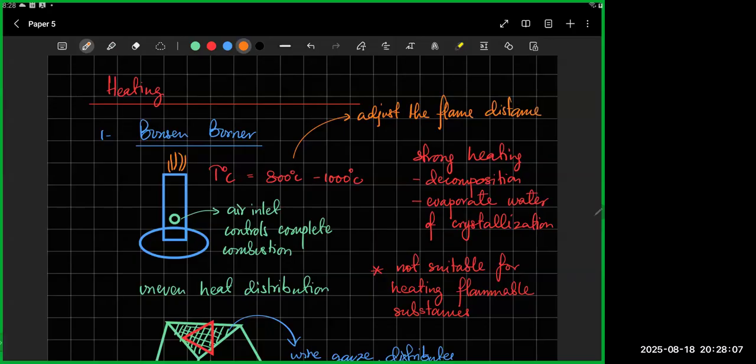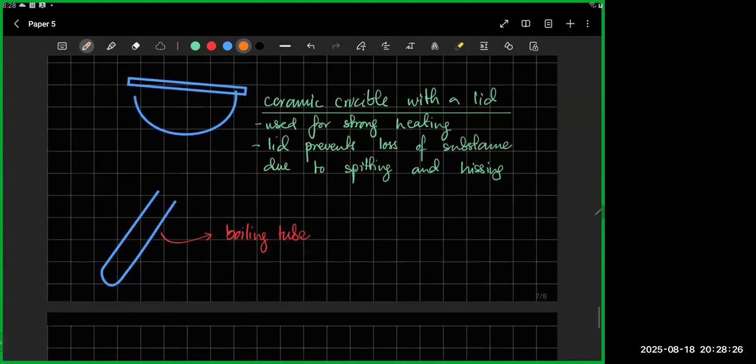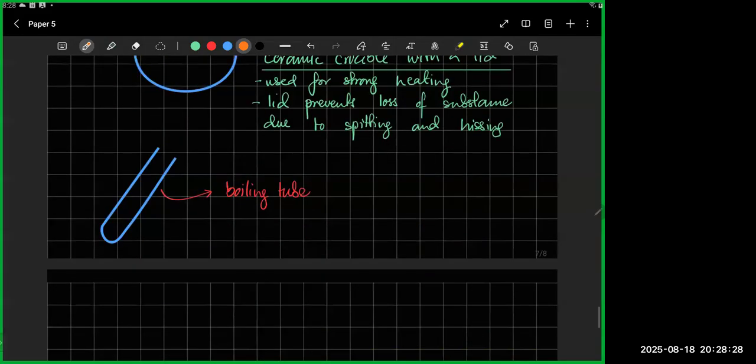Well, let's say you're heating a boiling tube, so you can actually bring it further away or put it right on top of the flame to alter heating. ठीक है? अच्छा, that's all about Bunsen burner.